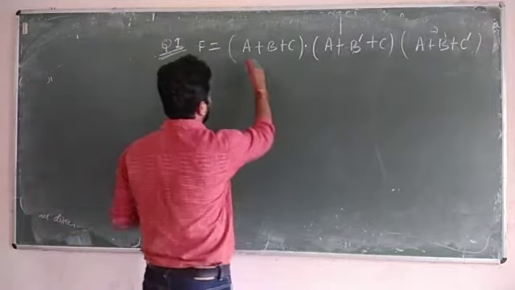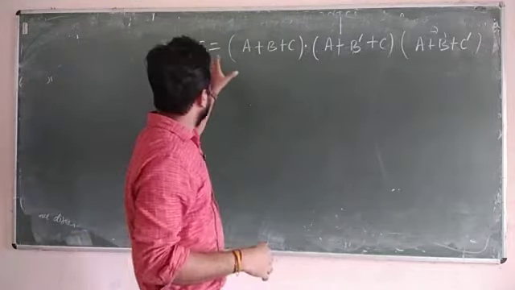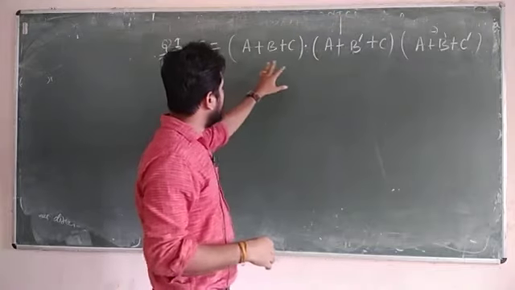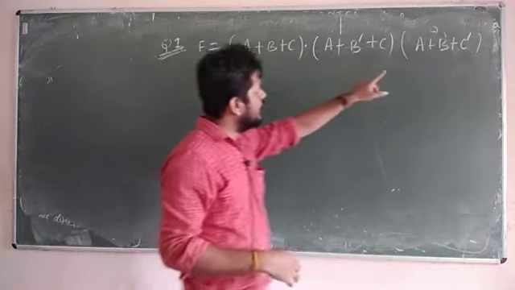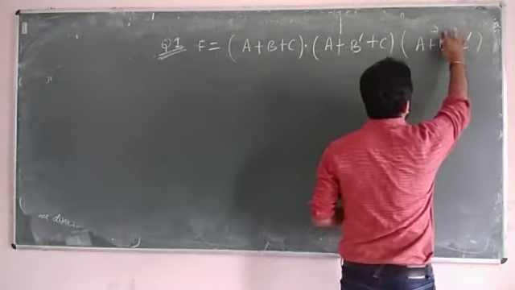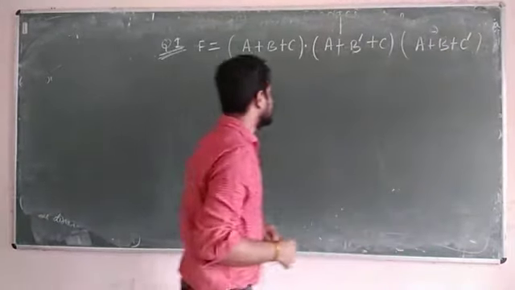So here the question is to simplify the above function, that is (A or B or C) and (A or B complement or C) and (A or (B complement) C).